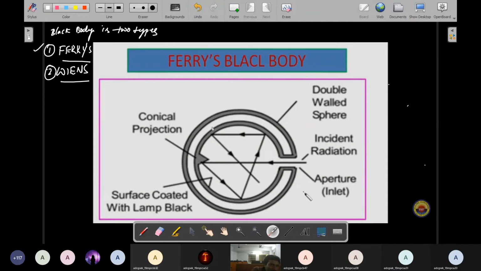Understand, everybody, how the body is constructed: we consider a double walled sphere with one end having a small aperture, that is called an open gap, a very little gap. Exactly opposite the aperture we have a small projection, that is called the conical projection. This conical projection is only on the inner surface of the sphere. On the outer surface it is completely round, like a ball.